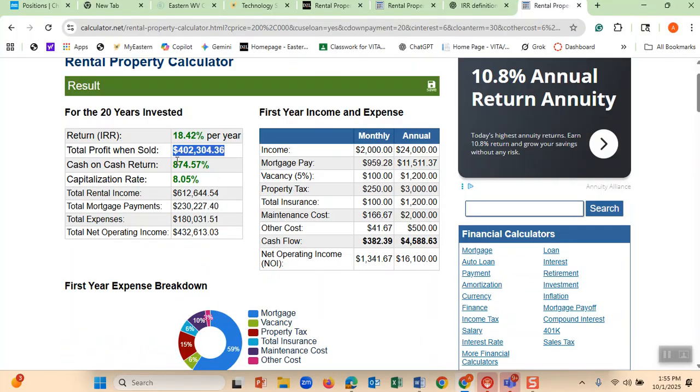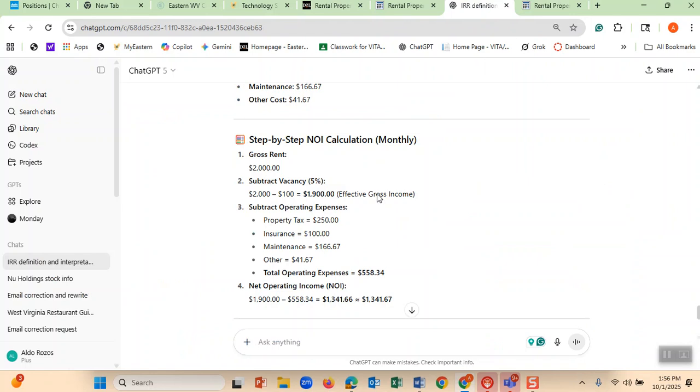It depends on how much cash you put in annually and how much cash you get. And for the capitalization rate, I asked ChatGPT what it is as well. Here I go to ChatGPT and ask, what is a capitalization rate in real estate?